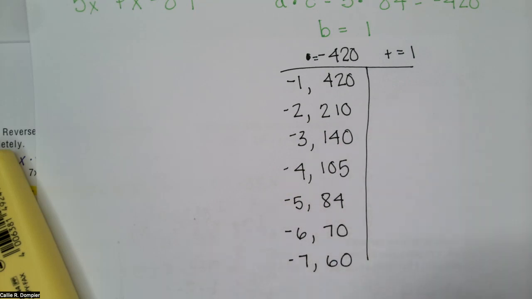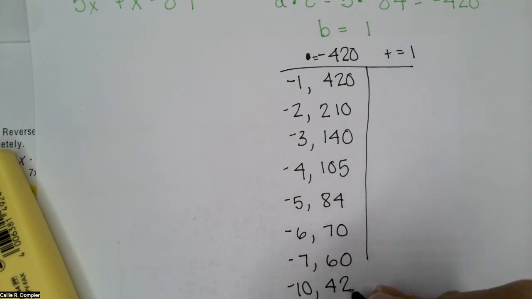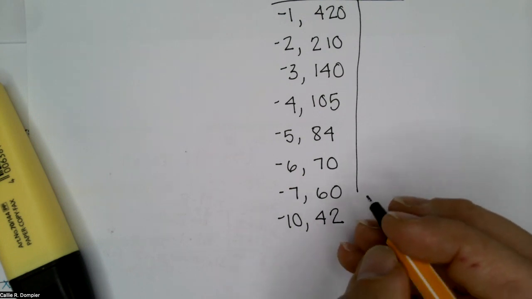420 divided by 8 is not possible. 420 divided by 9, no. 420 divided by 10 is 42, right? Let's hope so. 420 divided by 11, no. 420 divided by 12, 35.